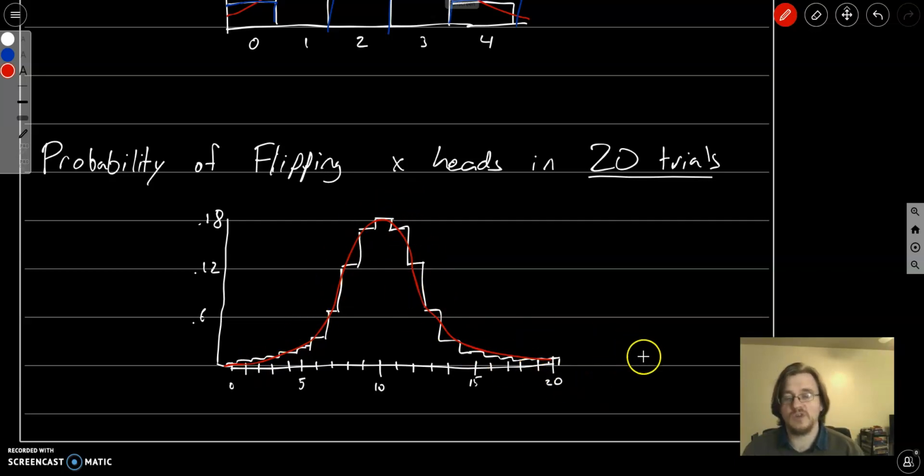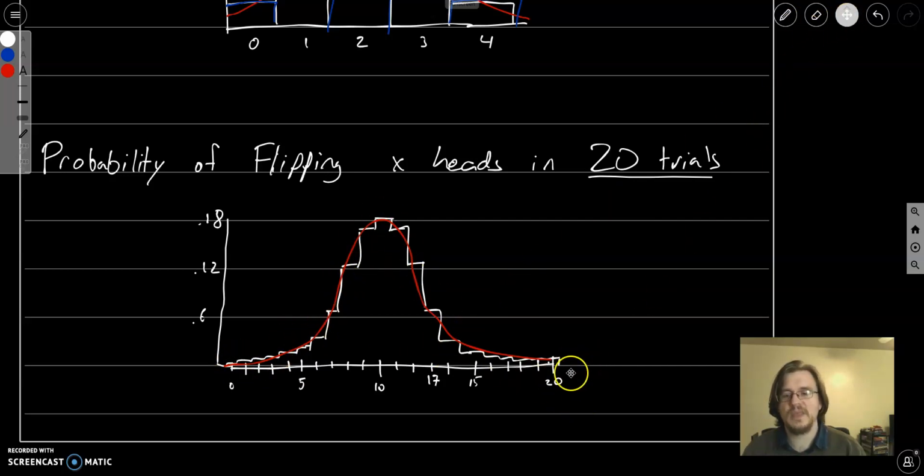The more trials we get, the closer it is. Again, we still have this blocky shape, where in a binomial distribution we can only get whole numbers of successes. We can only get, say, 17 successes. We can't get 17 and a half successes. Whereas normal distributions are continuous, and we can get any number along the distribution.